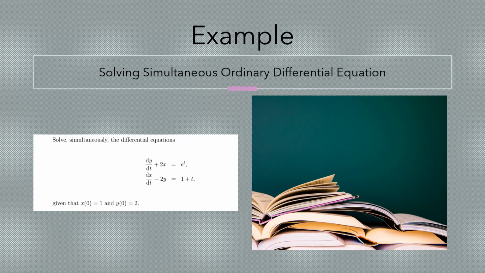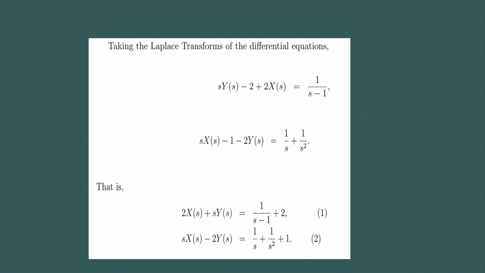So let us solve these simultaneous differential equations. Let me take the first one. Let us solve these equations: dy by dt plus 2x equals e raised to t, and dx by dt minus 2y equals 1 plus t. These are the two equations.